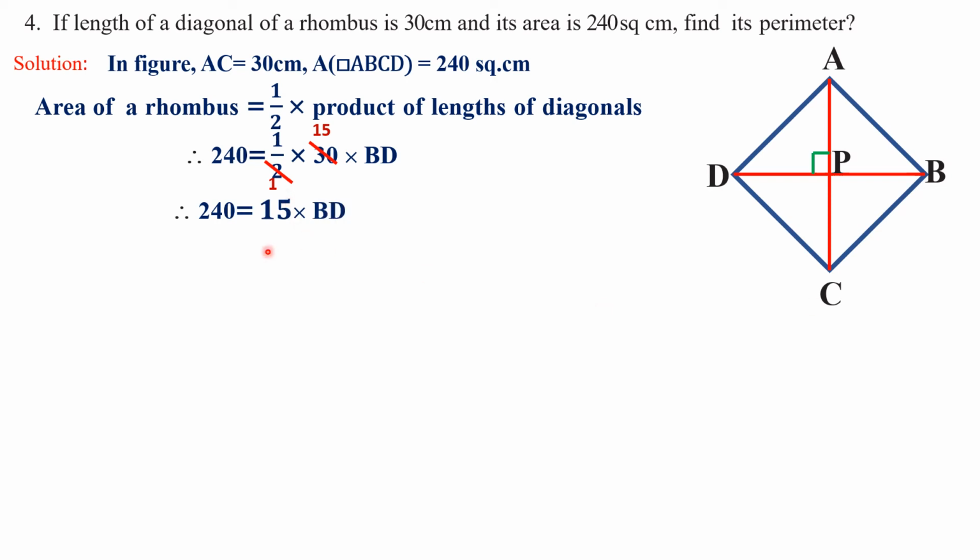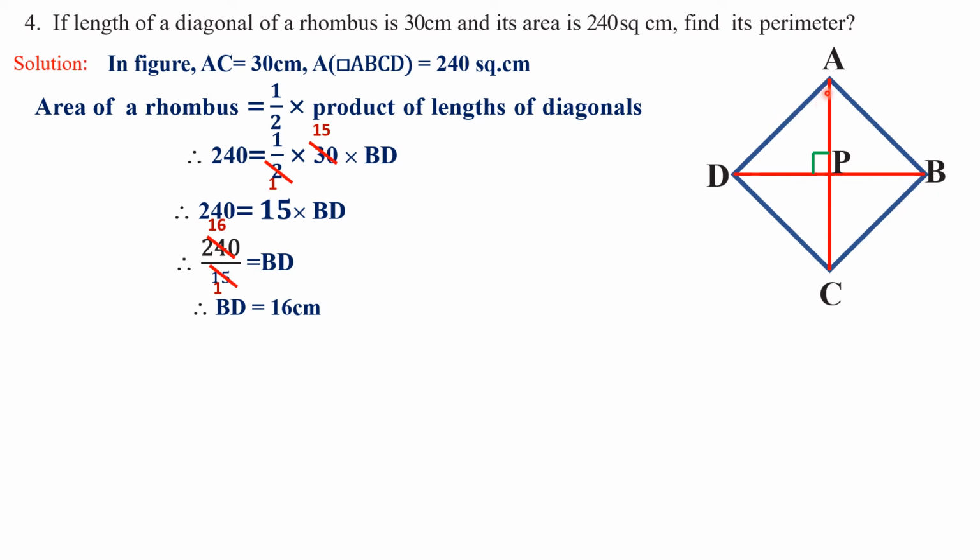Now this 15 we bring on the left hand side. 240 upon 15 is equal to BD. 15 ones are 15, remains 9, we bring 0, becomes 90. 15 sixes are 90, therefore the quotient is 16. Therefore BD is equal to 16 centimeter.